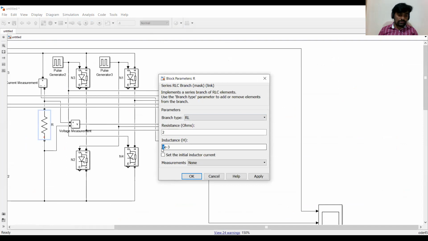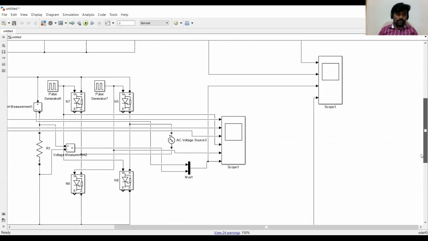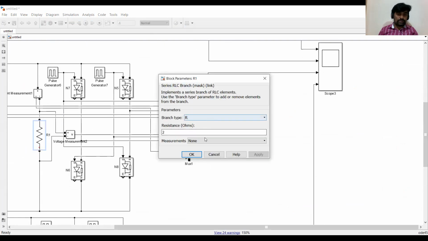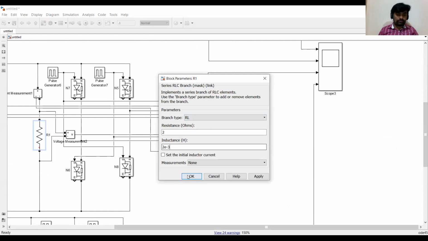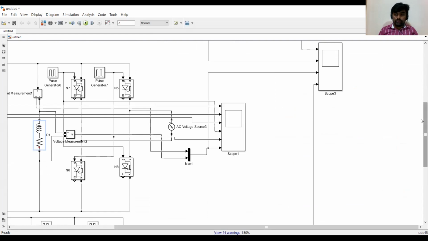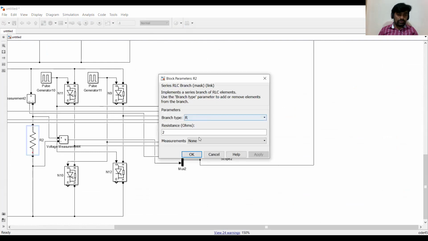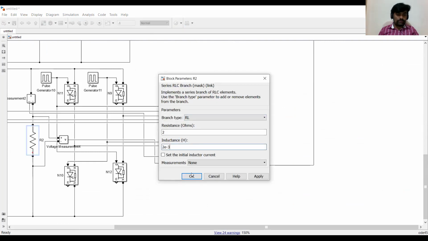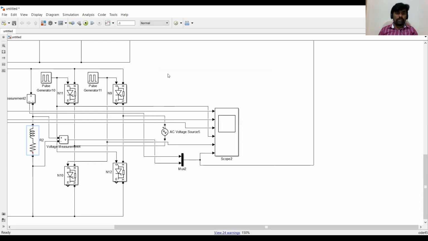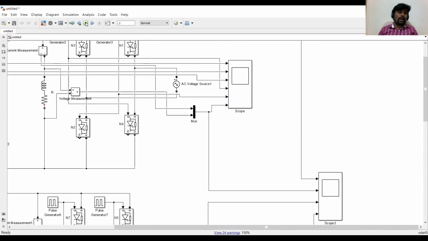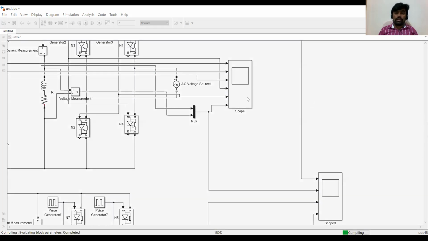So this is 2 ohm and 2 millihenry. So let me replace all the loads with the resistive inductive load, and let me show you the waveforms for this cycloconverter with RL load.